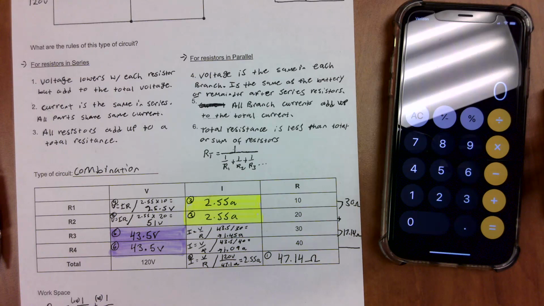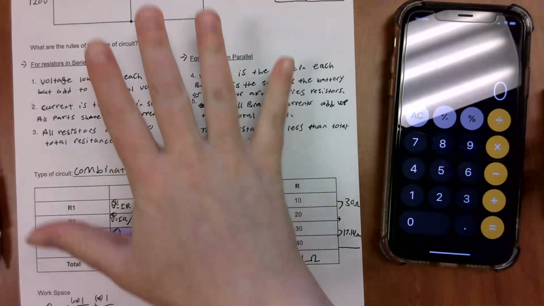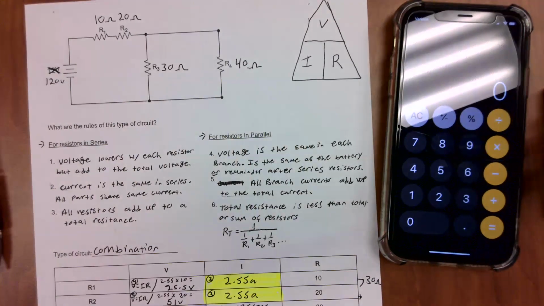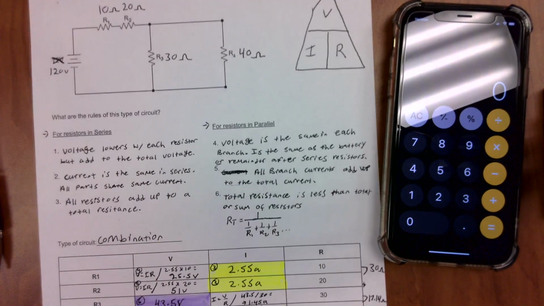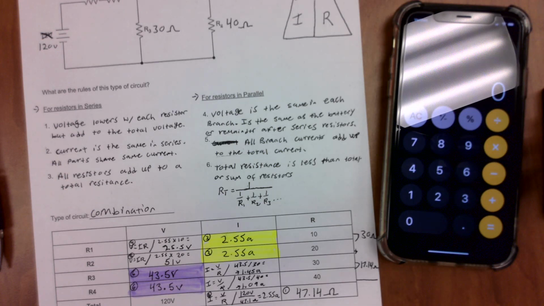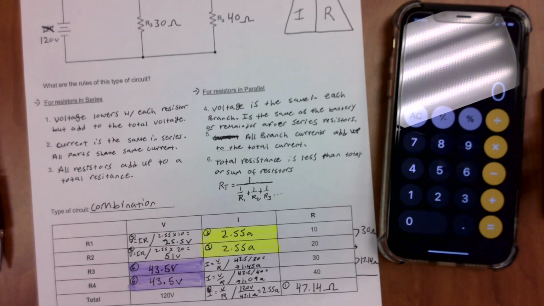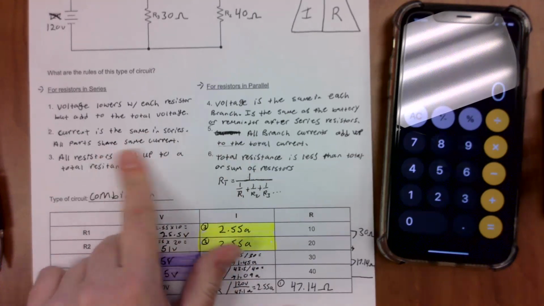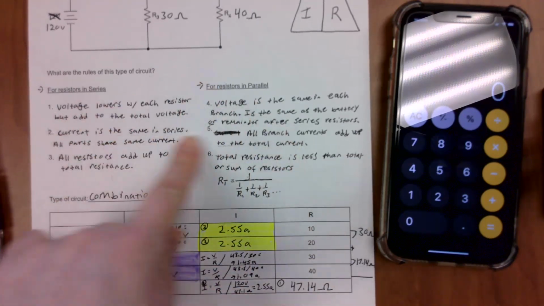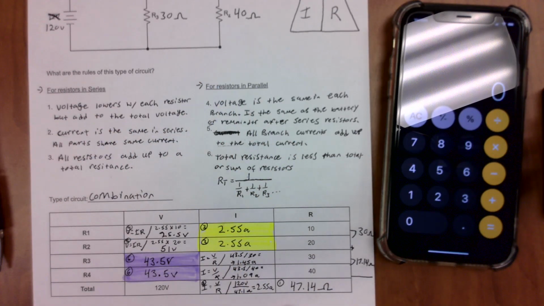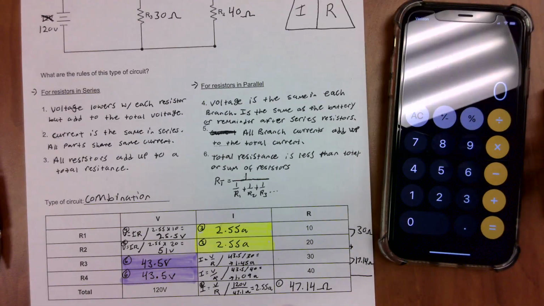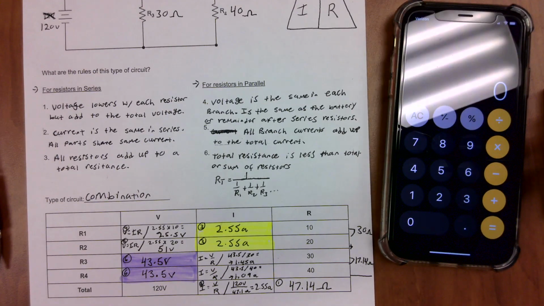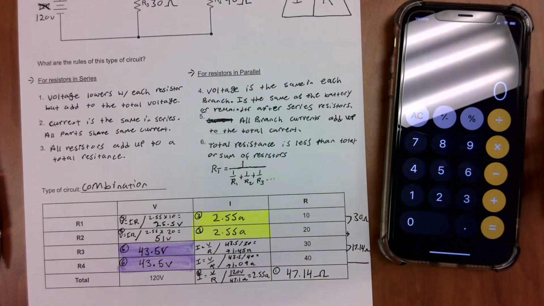One thing I will have to caution you on is make sure when you're looking at these, this is a simple combination circuit. The more branching paths you have, the more complicated it gets, but all you have to do is make sure that all of your rules here are followed for your combination circuit. Okay? And you have to just break things down logically. I know it seems complicated.